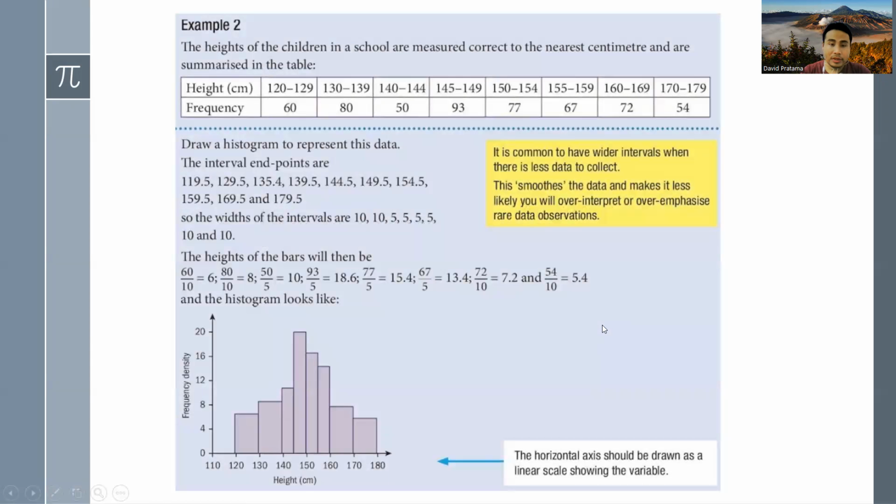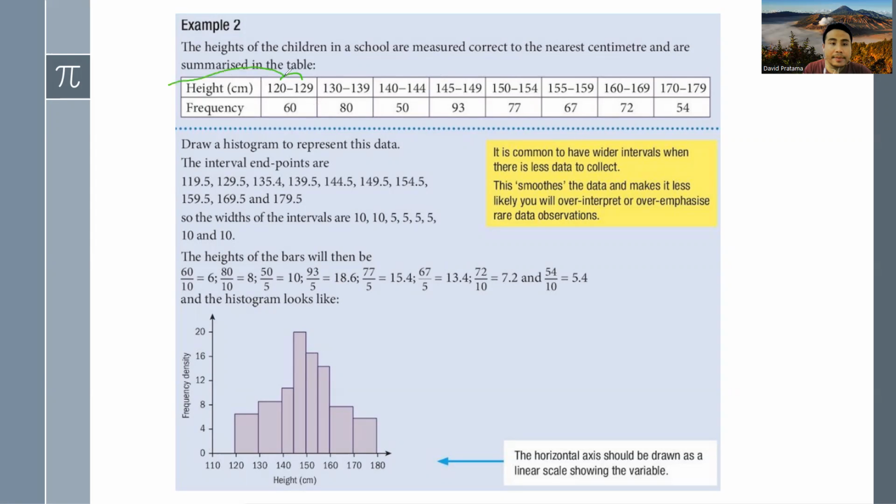Okay, let's continue. Example 2. The heights of children in a school are measured correct to the nearest centimeter and are summarized in the table. Look at this, 120 to 129.